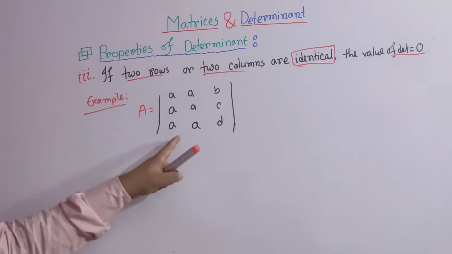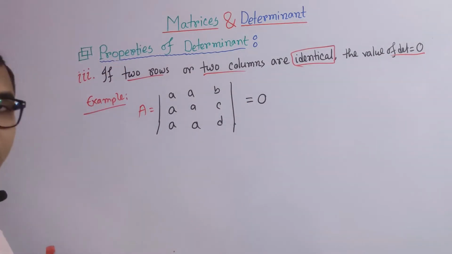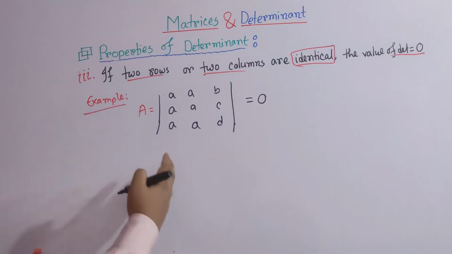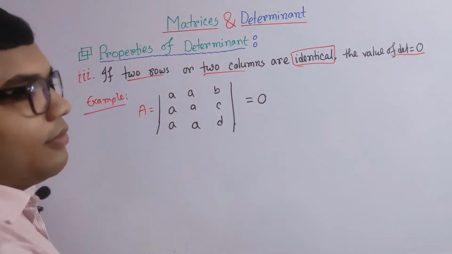Since two columns are identical, that's why we can say the value would be 0. If you have any hesitation or ambiguity in your mind, then you can go for the calculation. If you go for the calculation, you will get the value 0.